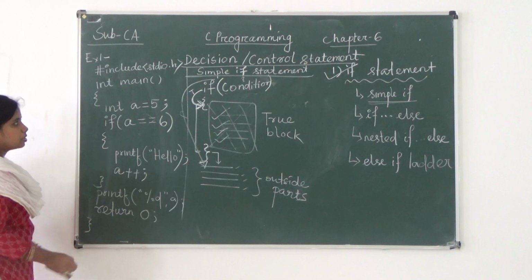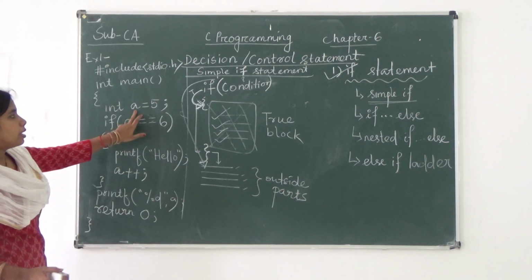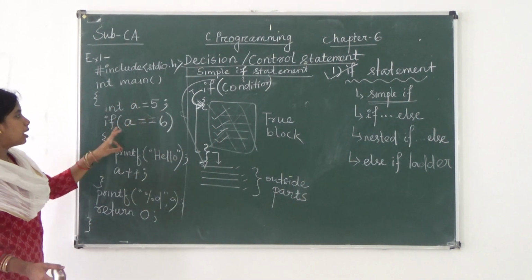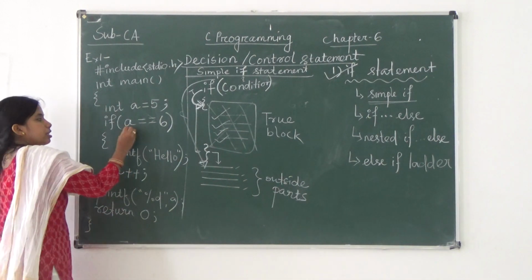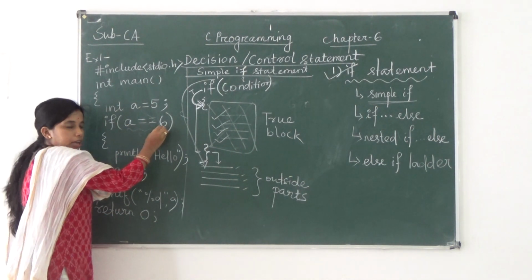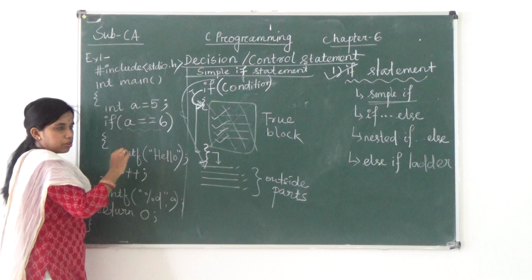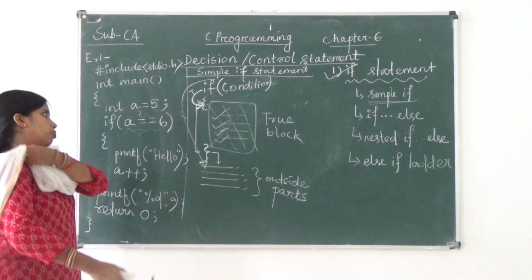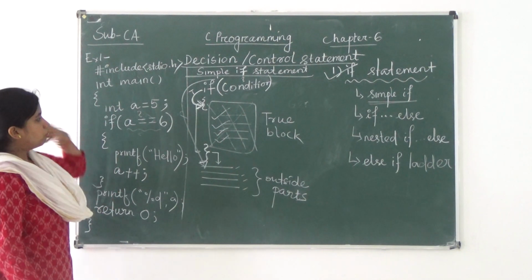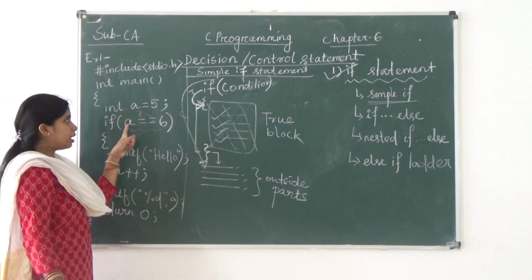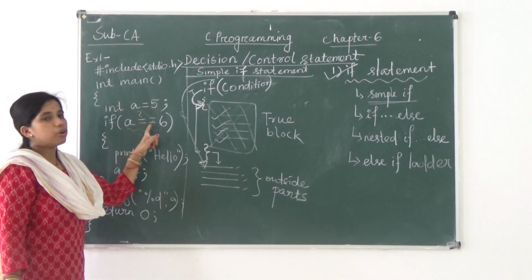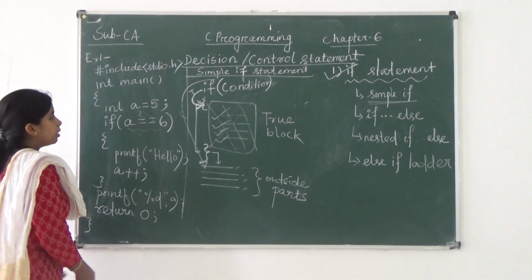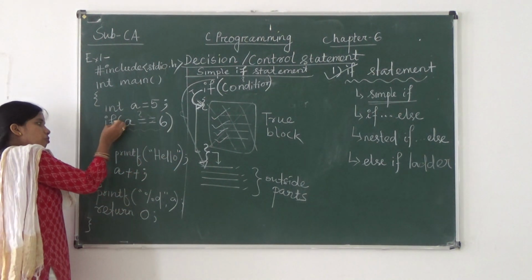Just see this: variable a value is 5, and what is the condition? This part is your condition: a equal to 6. Test it first. I am putting a question mark for that. A value is given 5. 5 equal to 6. It is clearly visible that the condition is false.